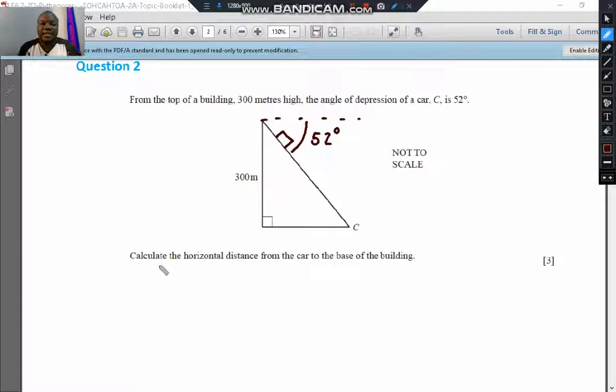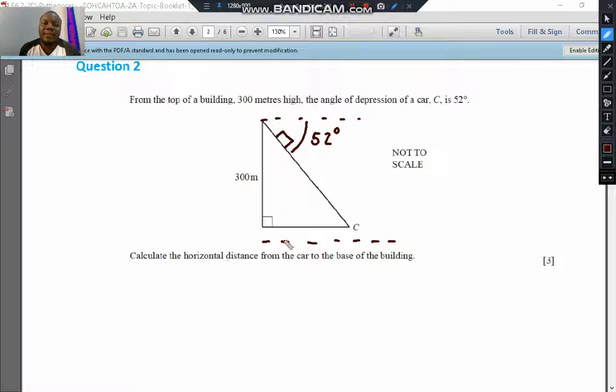So then the question says, calculate the horizontal distance from the car to the base of the building, the horizontal distance. So from our understanding of basic mathematics, the horizontal distance they are talking about is this one here. Because if you've done some coordinate geometry, you will know that the horizontal axis is the x-axis. So this is the distance that looks like that direction of the x-axis.